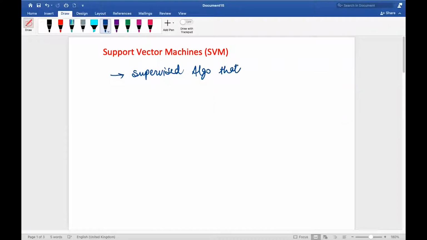And there is something that I would want to add as a tail to this definition: it separates data using hyperplanes. What are hyperplanes?